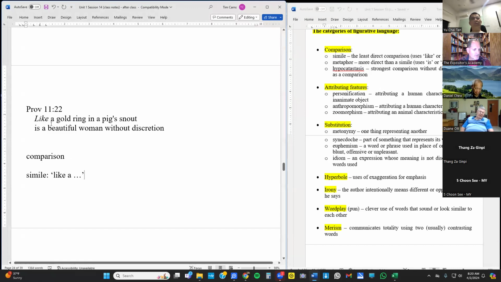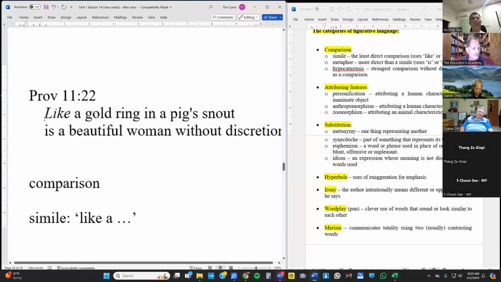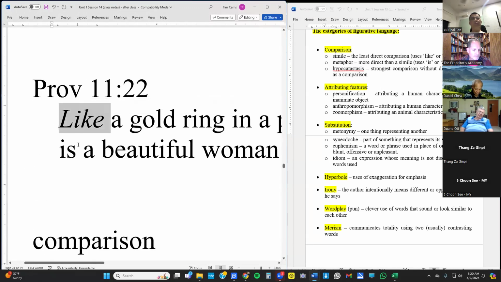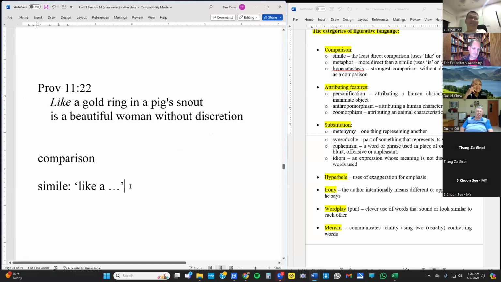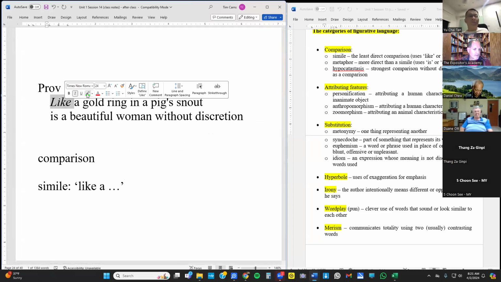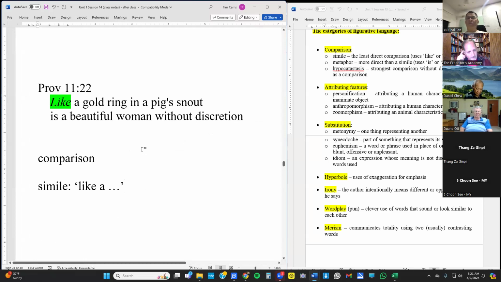But as you observed, Dwayne, notice that like here is italicized. And what does that mean? It was added by the translators. So like actually was added by the translator here, and I think it should not have been added because it weakened the comparison.